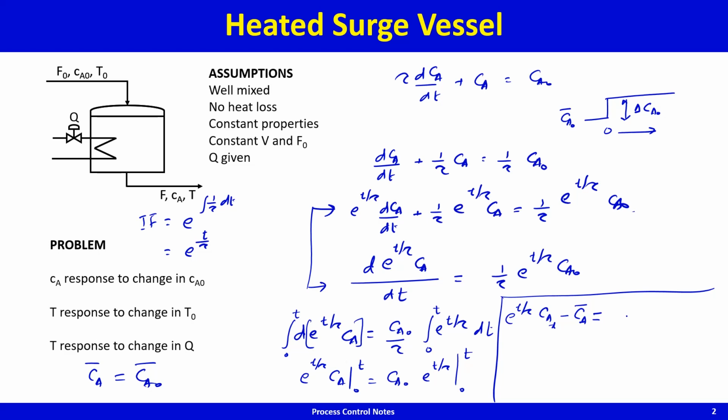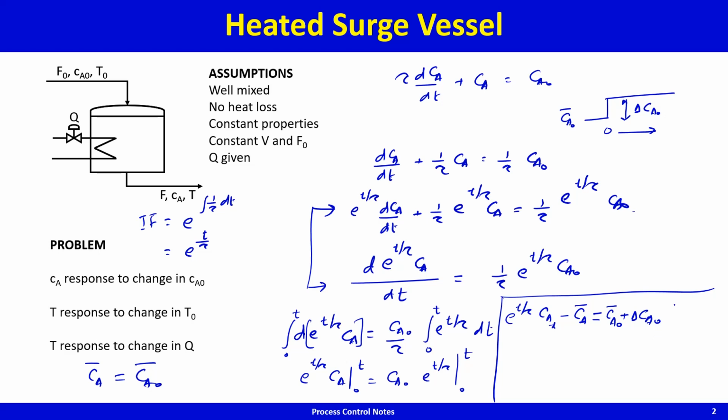This must be equal to Ca naught at time t, which is Ca naught plus delta Ca naught. That's what it is at time t.